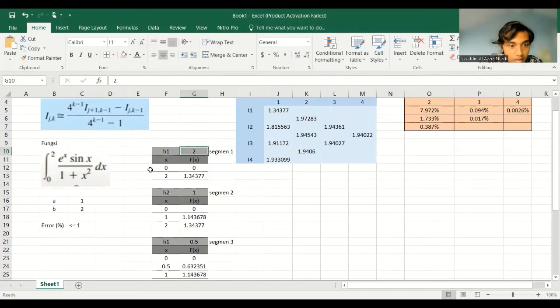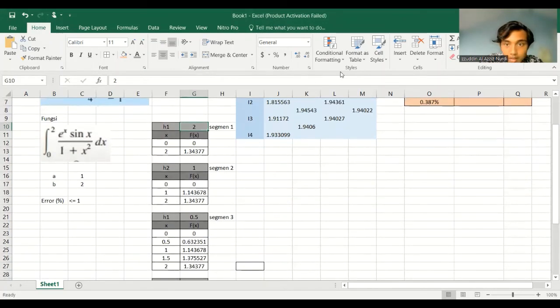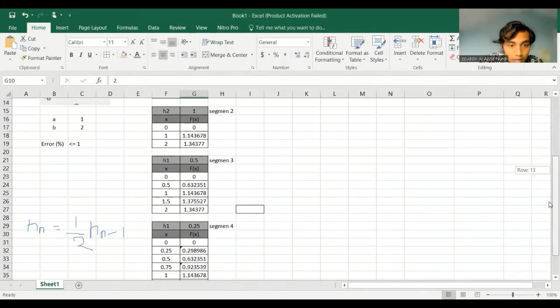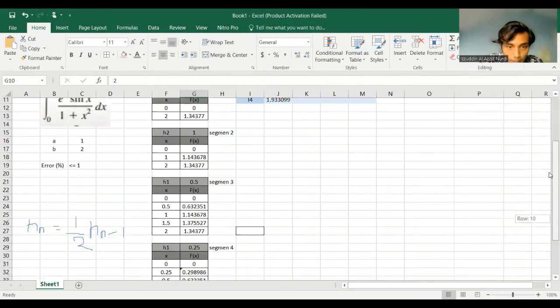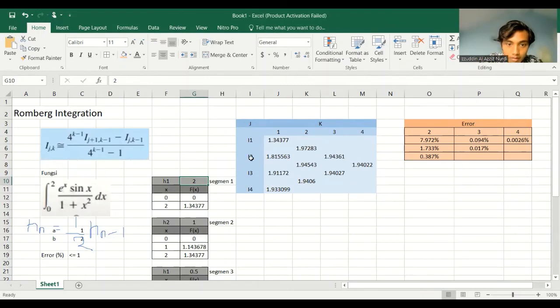And this 2 is actually the edge of the integration, and like I said before, in Romberg integration, H_n is always equal to half of H_(n-1). So the first segment is 2, and the second segment is going to be 1, and the third segment is going to be 0.5, and the fourth segment is going to be 0.25, and these are iterations 1, 2, 3, and 4.